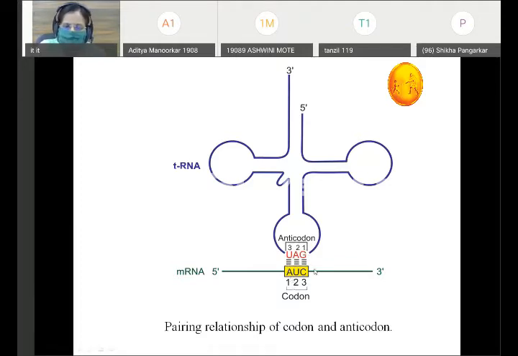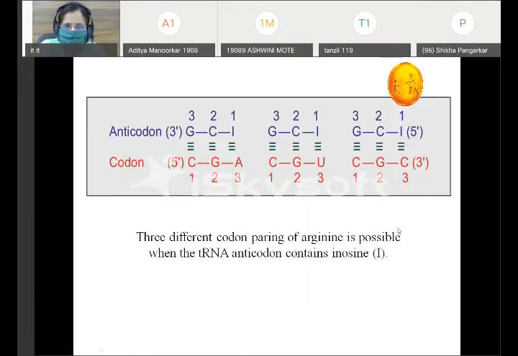As we have seen, the first base in the anticodon is majorly responsible for the wobbling of the genetic code, or what can be termed the degeneracy of the genetic code.